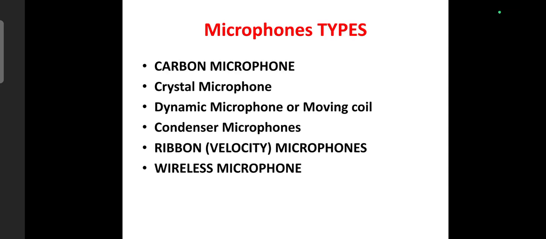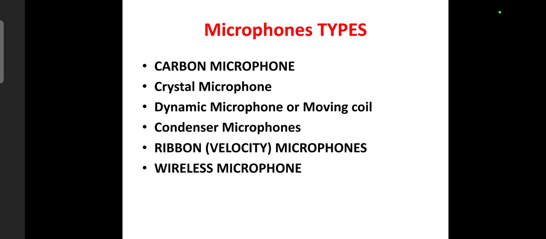Types of microphones. There are several types of microphones, each designed for different applications. The carbon microphone was widely used in early telephones because of its simple construction. The crystal microphone uses the piezoelectric effect to generate electrical signals. The dynamic or moving coil microphone is one of the most common microphones used for stage performance because it is rugged and produces good sound quality.